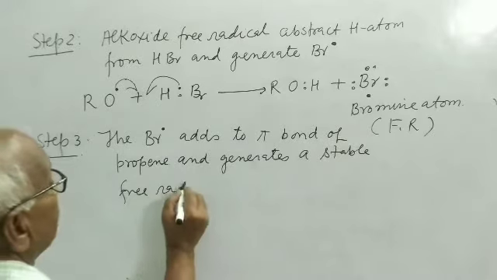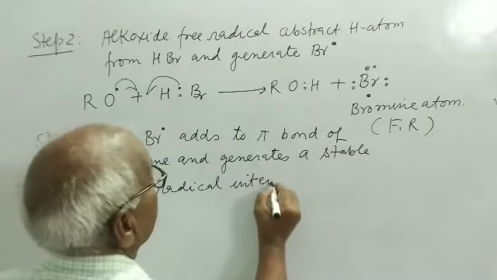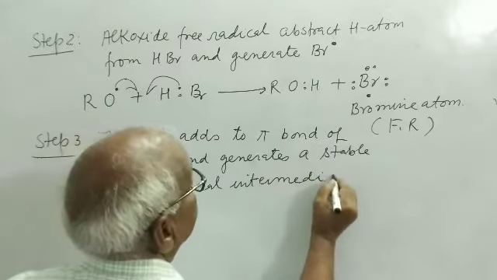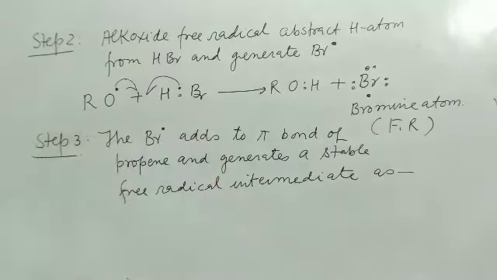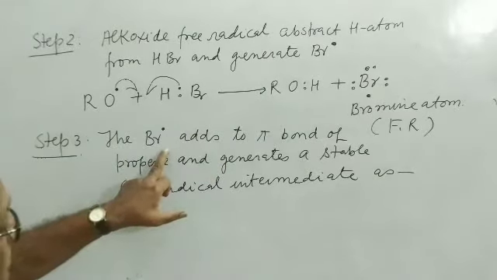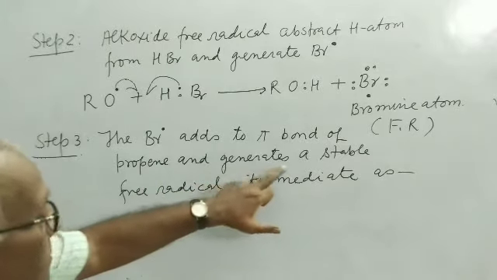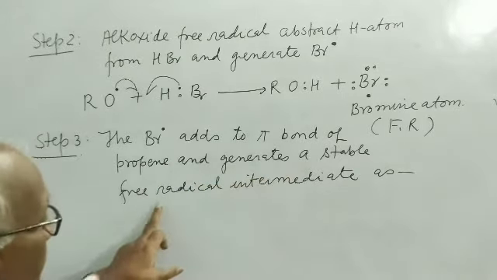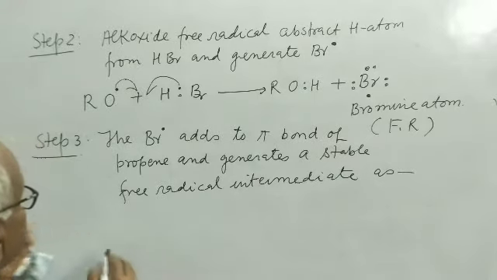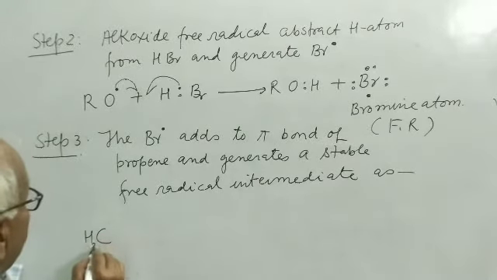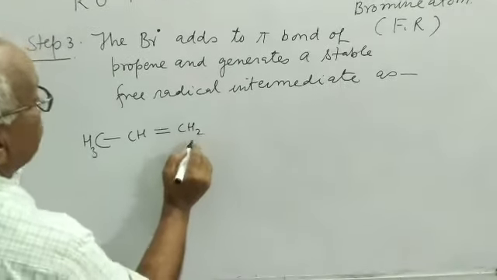As the bromine free radical adds to the pi bond of propene, it generates a stable free radical intermediate as CH3 CH CH2.